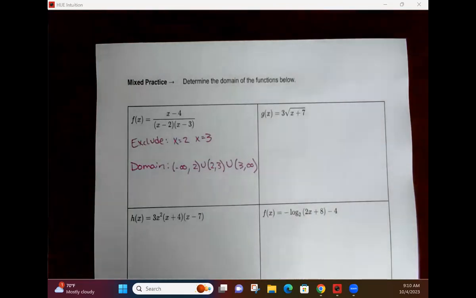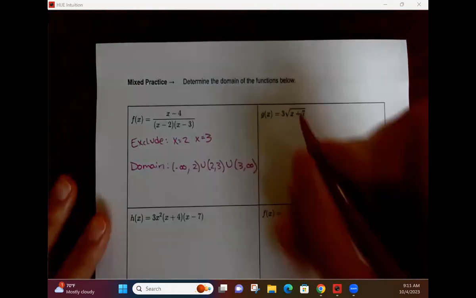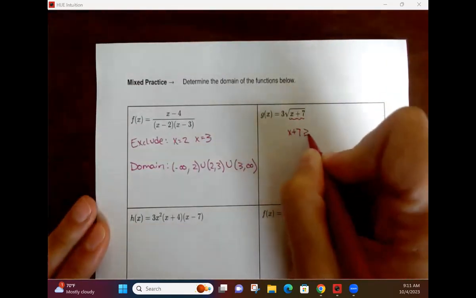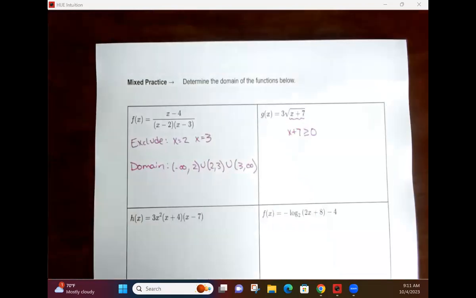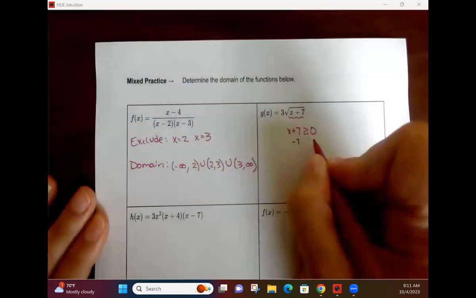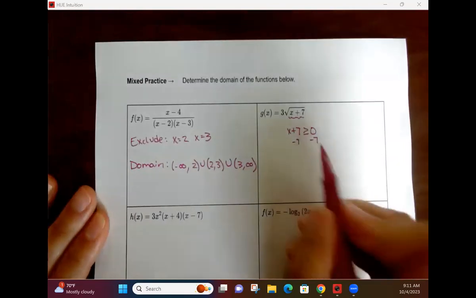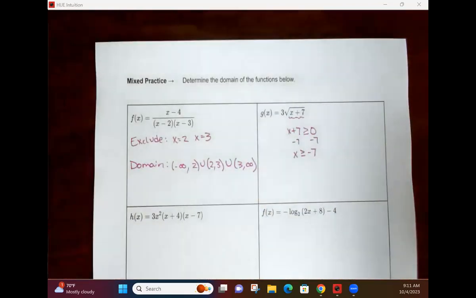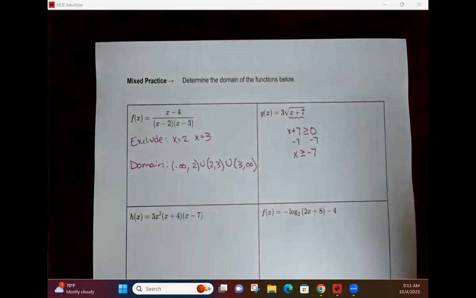My next function, g of x, is a square root function, and I know that the radicand, the step under the root, must be greater than or equal to 0. It's okay if it's 0, because we can take the square root of 0, but it can't be negative, so it's got to be at minimum 0. So I'm going to solve for x here. Remember, when I solve inequalities, it's the same as solving equations unless I'm multiplying or dividing by a negative number.